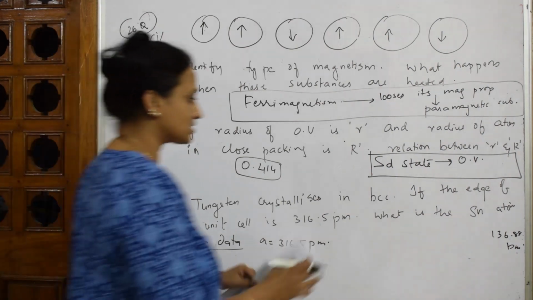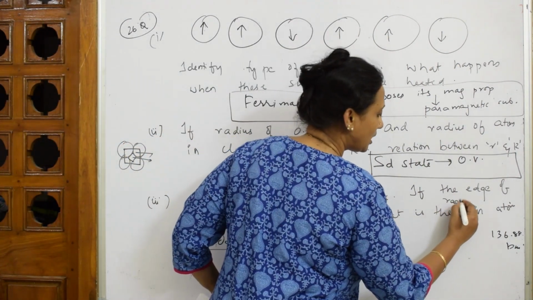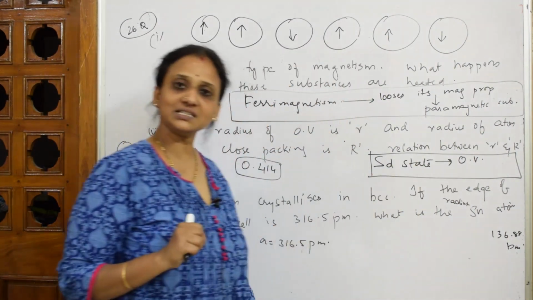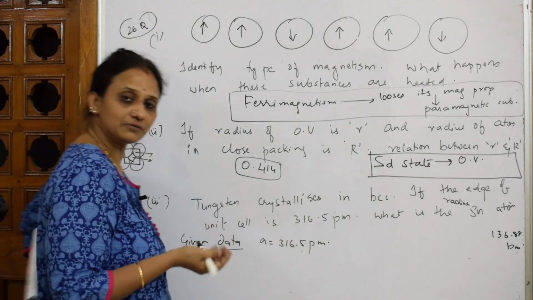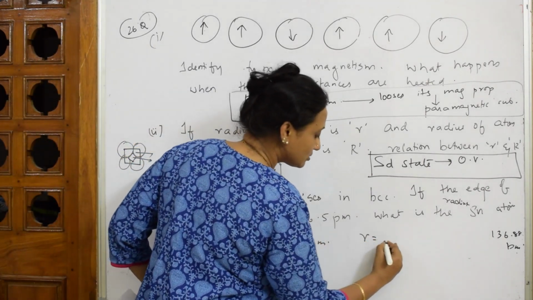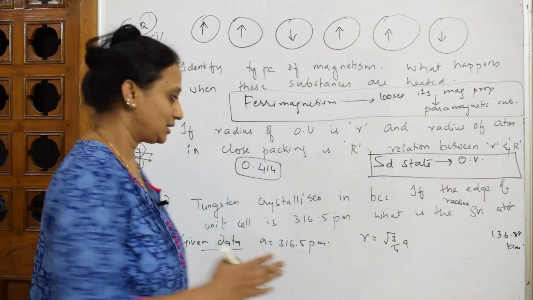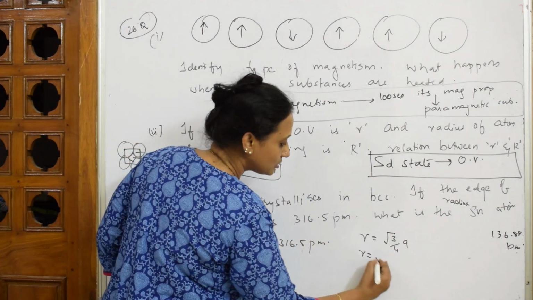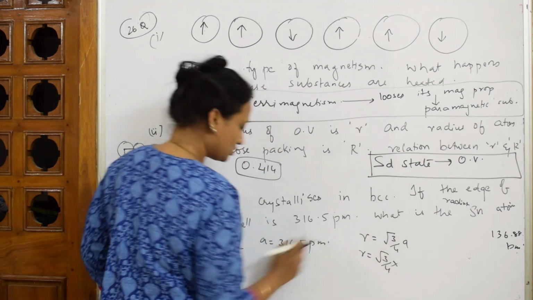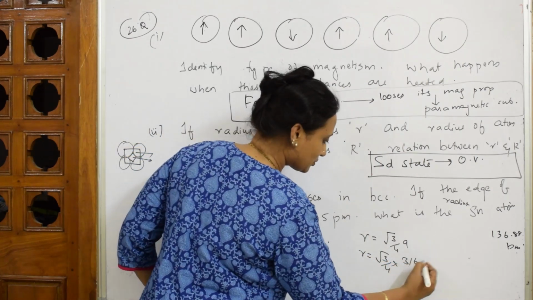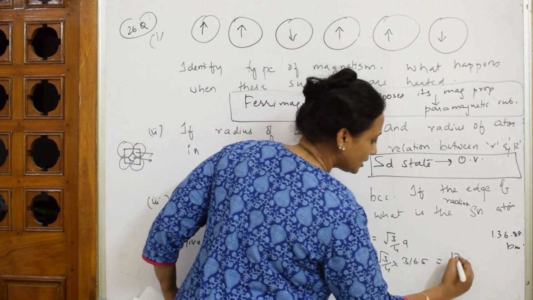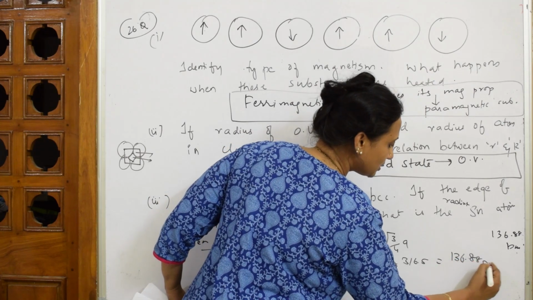I need to find the radius, R. So whenever BCC is given, there is a direct formula for this, isn't it? Radius is equal to root 3 by 4 a. This is the formula which you have already learned. Directly substitute that. R is equal to root 3 by 4 into 316.5, which gives an answer of 136.88 picometer.